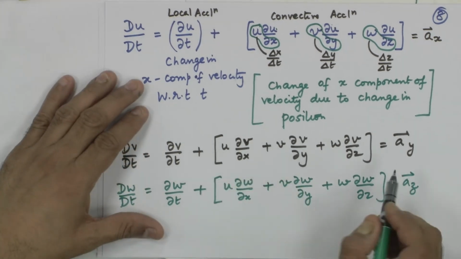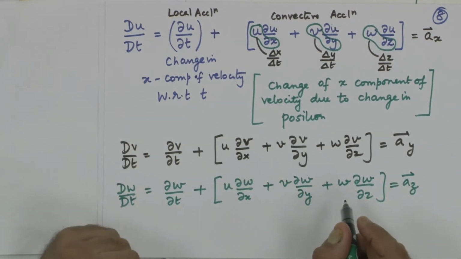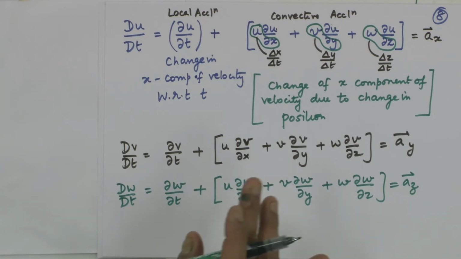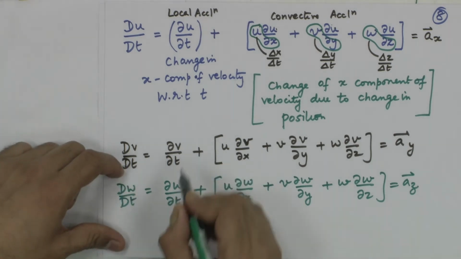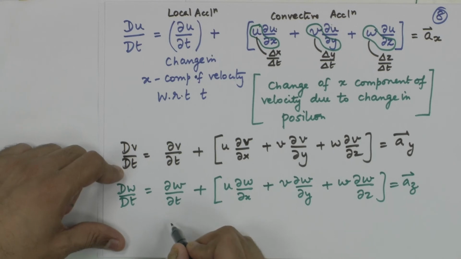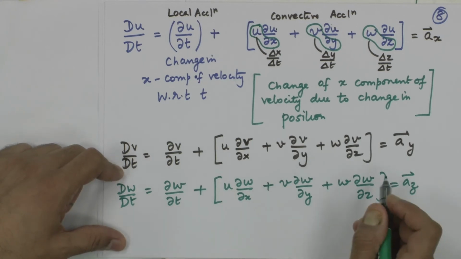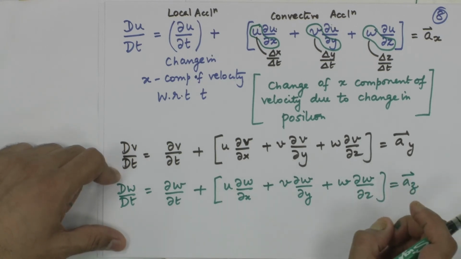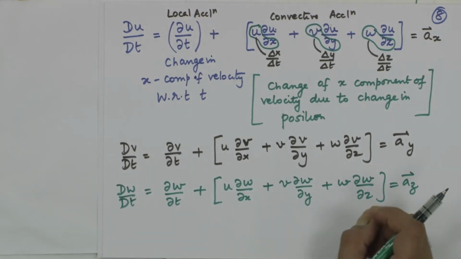These terms in the square brackets are non-zero for flow in a nozzle or a diffuser. So, local acceleration may be 0. Convective acceleration will be non-zero in case of flow through a nozzle.